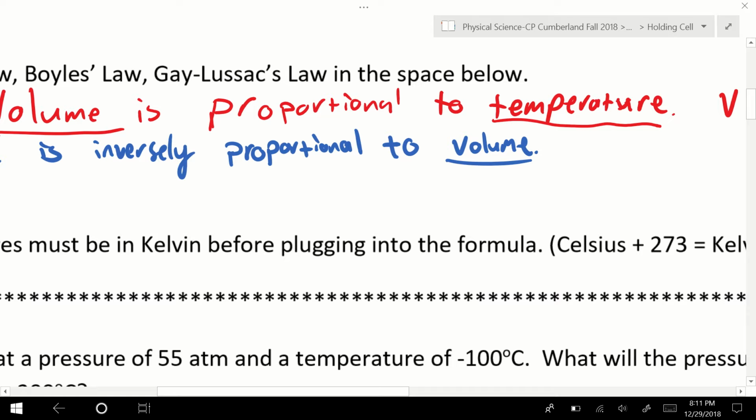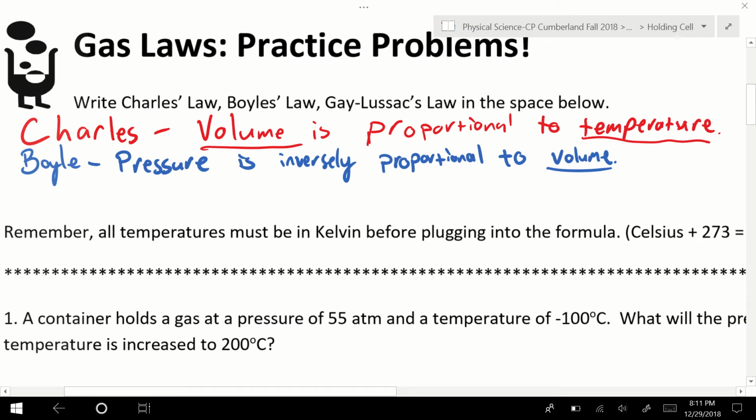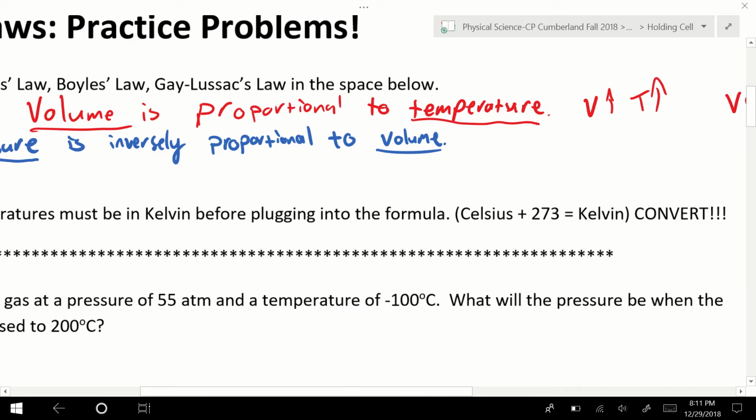So if pressure increases, then volume has to decrease. If pressure is doubled, if it's multiplied by 2, then volume has to be divided by 2. So as pressure goes up, volume goes down.